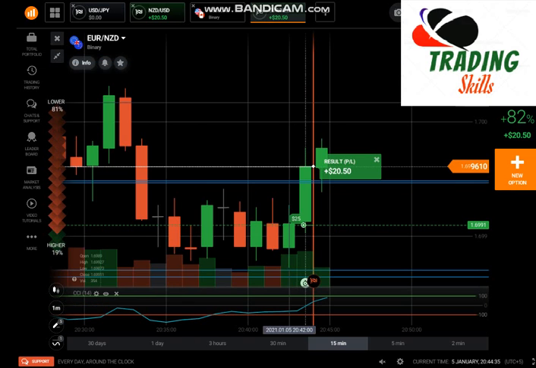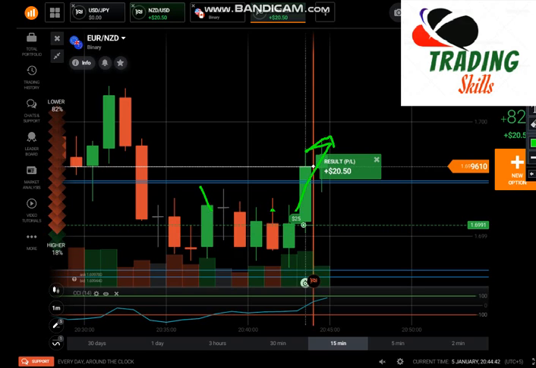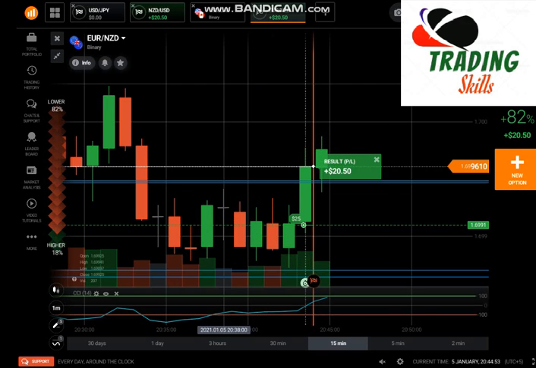I won my trade because of this W pattern in a downtrend. You can see this is the level, so in this area I am seeing a W pattern structure, so I went with an up trade.